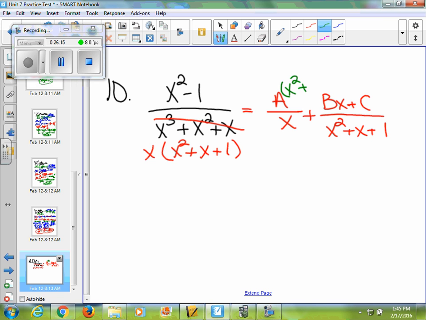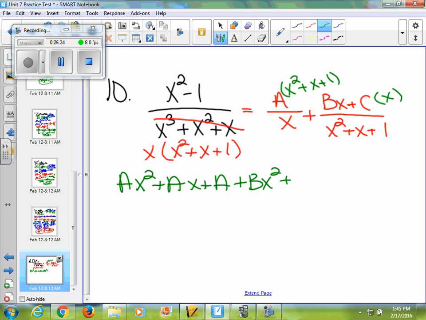So then in getting common denominators, I take a times x squared plus x plus 1 and bx plus c times x. And I end up with ax squared plus ax plus a plus bx squared plus cx equals x squared minus 1.